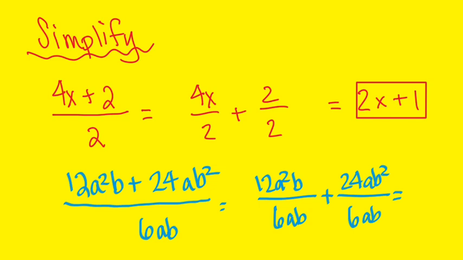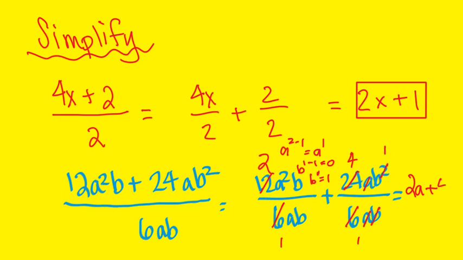A squared divided by a is just a, and b divided by b is 1. So I know that I'll get b to the 0 power, which is just 1. So I'll have 2a. And then I have 24 divided by 6, which is 4. A divided by a is a to the 1 minus 1, which is 0, so that's just 1. And then b squared divided by b is 2 minus 1, which is 1, so b to the first. So then 4b.